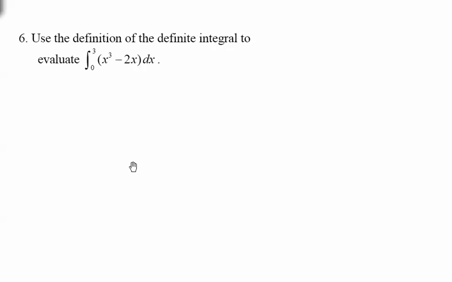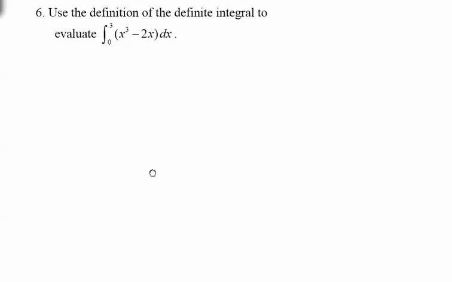And now we want to go through our process of using an infinite Riemann sum to evaluate our integral. So remember our preliminary steps here. We need to find a delta x using b minus a over n. So the width of our interval is 3, so we'll use 3 over n.